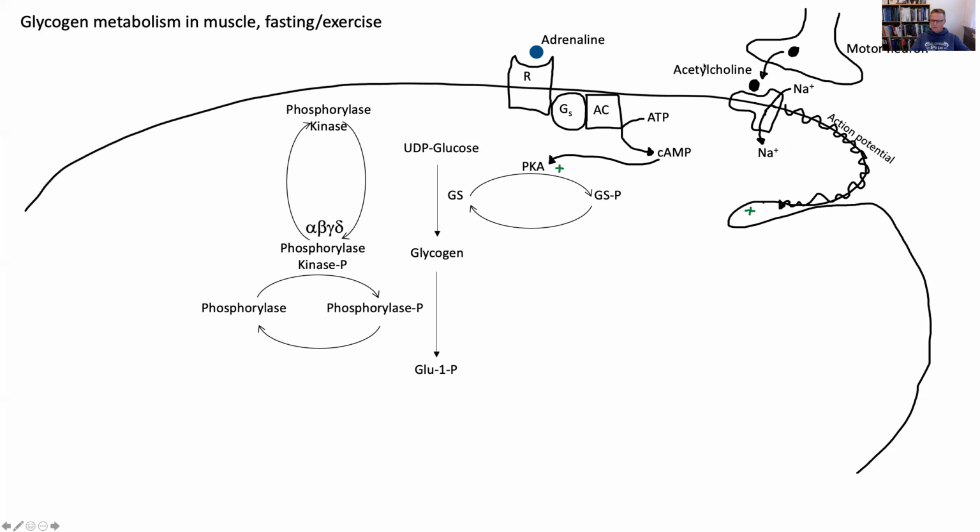So once we stimulate contraction of muscle, we can do that by secreting acetylcholine from motor neurons, which will, via an acetylcholine receptor, which also is a sodium channel, actually produce an action potential leading to depolarization of the plasma membrane.